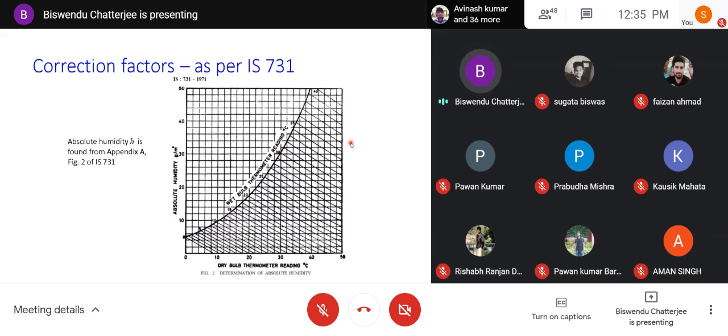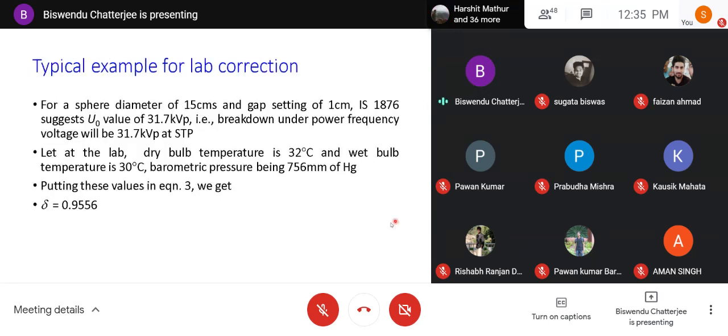Now comes the dry and wet bulb temperature, and how to read this I will show you from this chart with the help of this example.